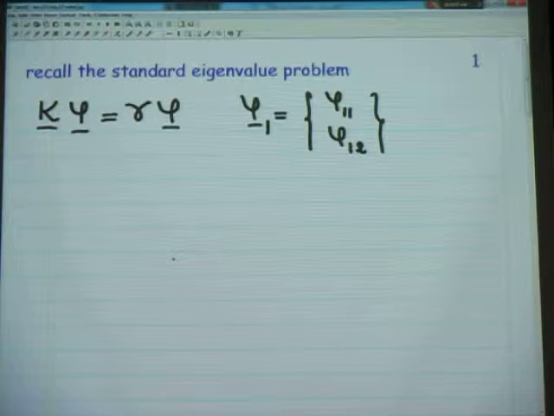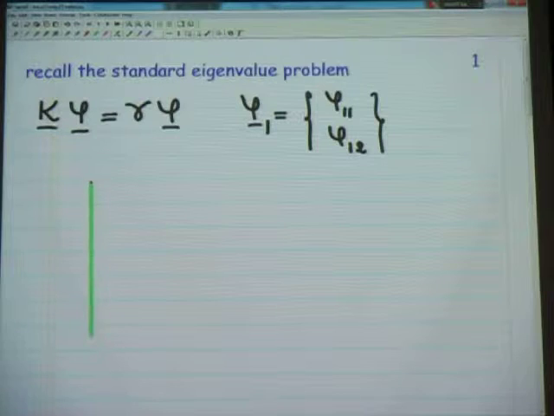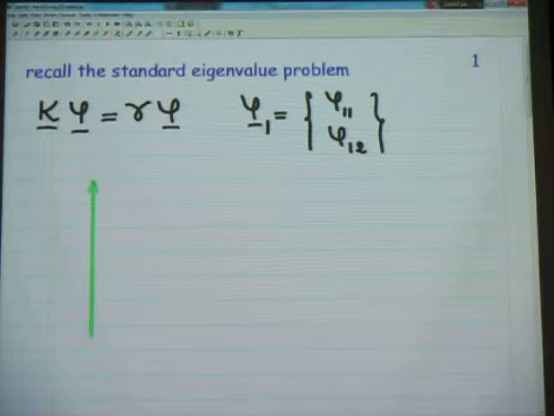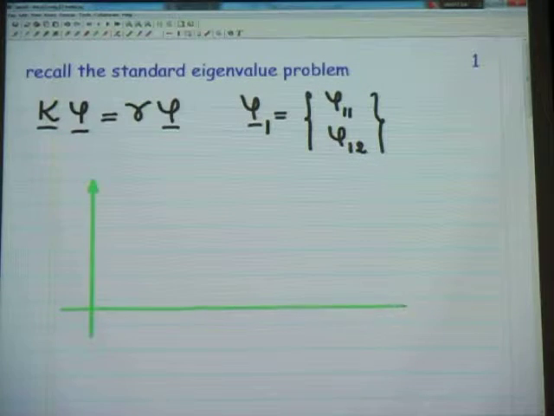If you have, let's say, an axis like that, and if I have a function, maybe something like this.